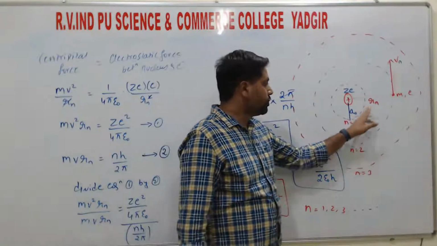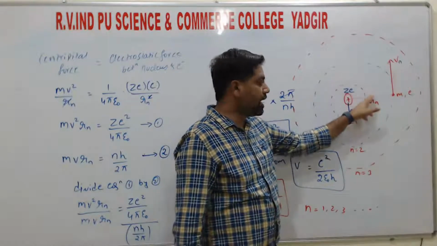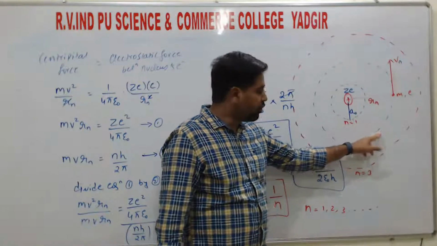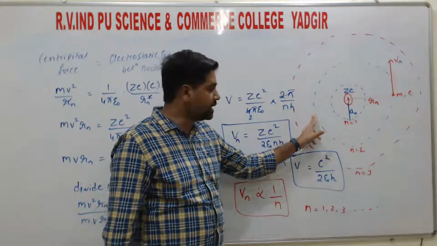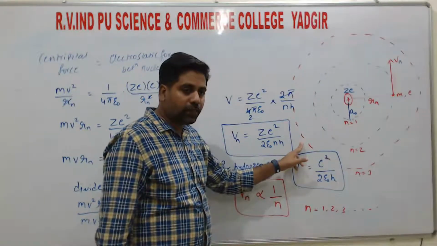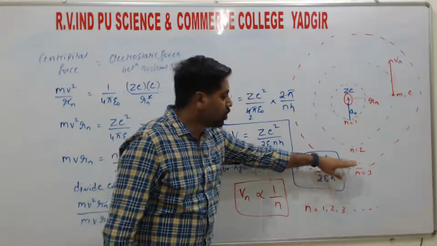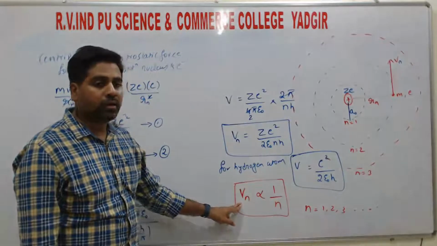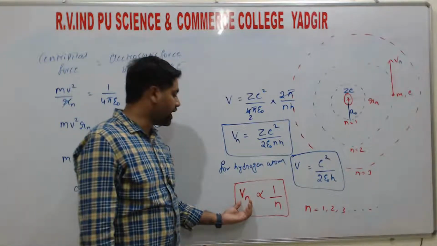So here, as n equals 1, we have the maximum velocity. For the electron revolving in the second orbit, the velocity decreases, and further in the third orbit the electron velocity decreases. As the orbits increase, the velocity goes on decreasing. The relation is Vn proportional to 1 by n.